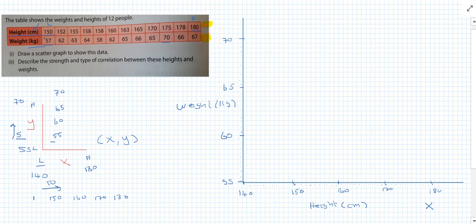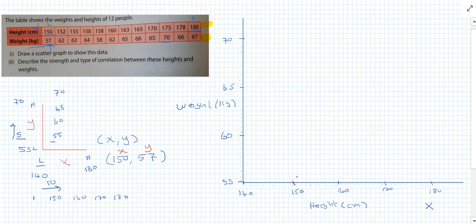So if we take this first point here, the x is going to be 150 and 57. Yeah. So that's coming from this first set of coordinates here. So this is our x value here, and then this is our y value. So what we can do is start to plot these, and we can just plot them with an x. So the first one is x is 150, so you go along the bottom.